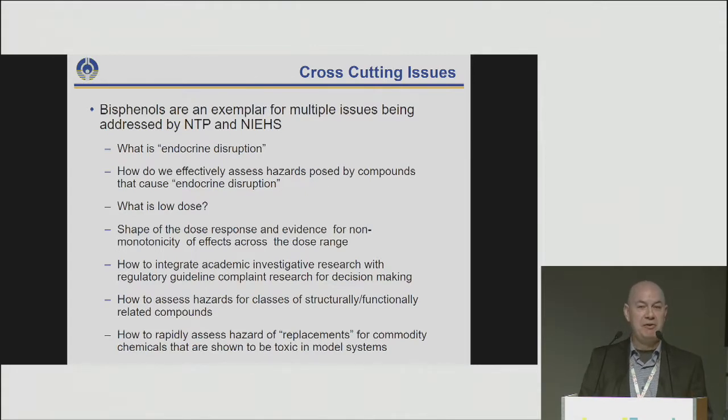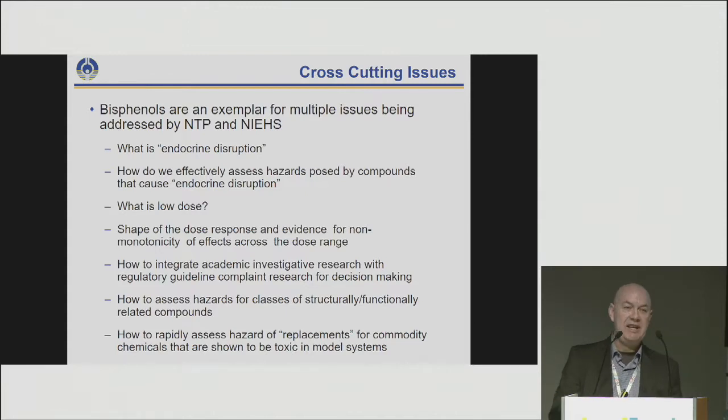The issue of shape of dose response. Is there non-monotonicity, or do you have monotonicity of responses? How to integrate those kinds of data, which is the topic for today. And then how do you actually do hazard assessment for structure-related compounds efficiently?